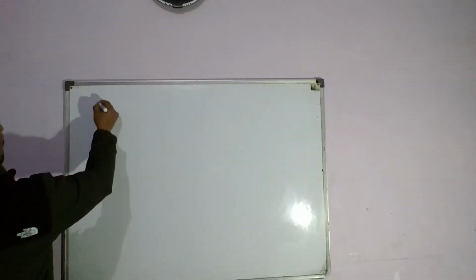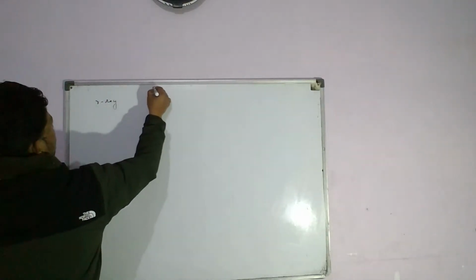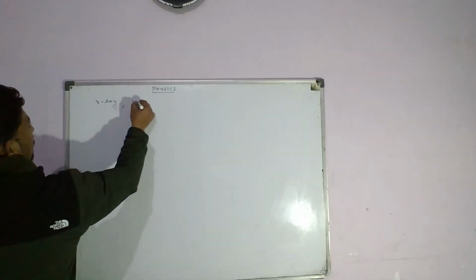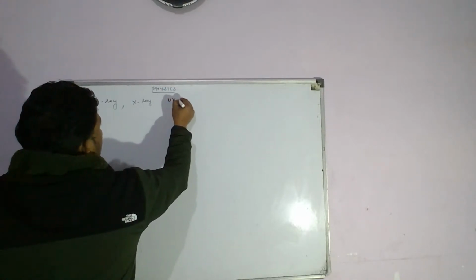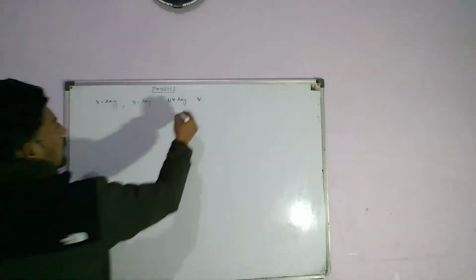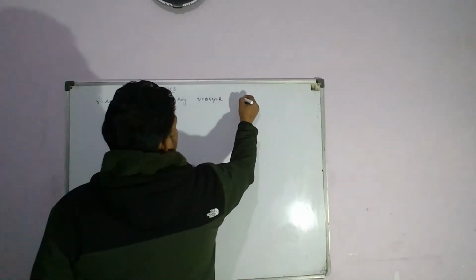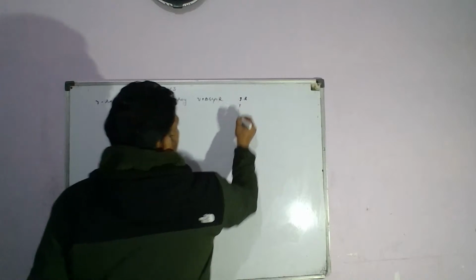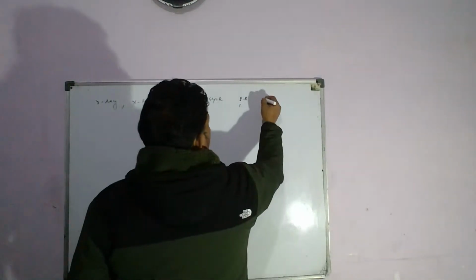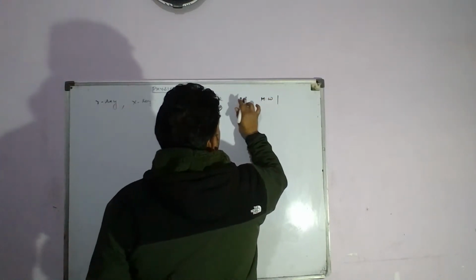There are so many rays: first is your gamma ray, and then, hope you see on the board clearly, x-ray, UV ray, VIBGYOR, which you read in grade 10, and then infrared rays, microwaves and radio waves.